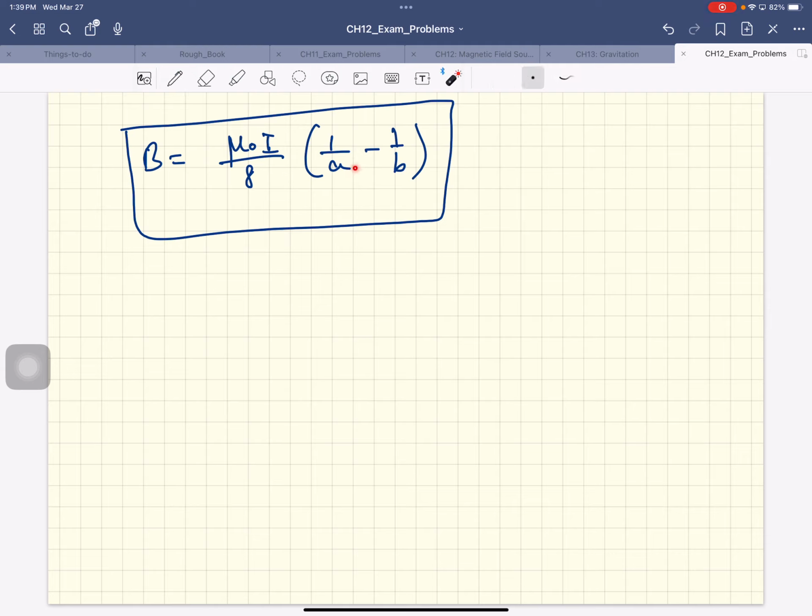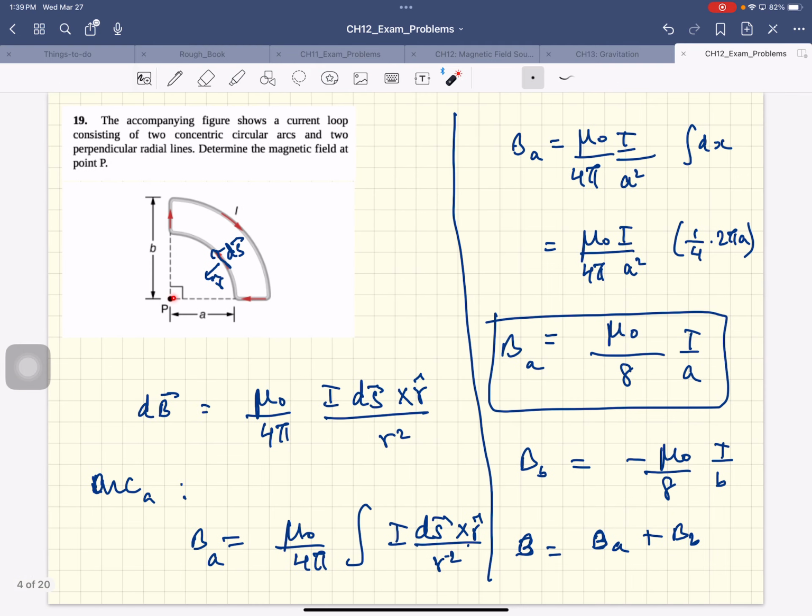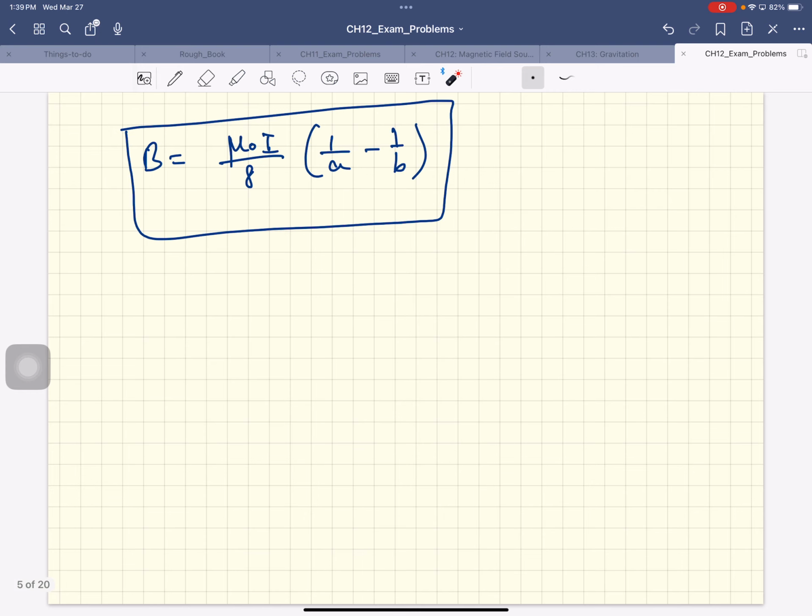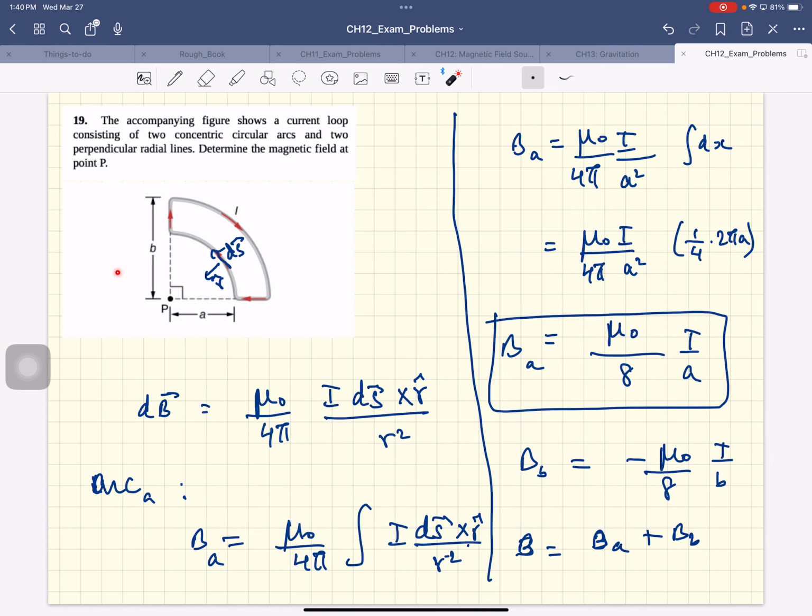A is smaller, and so there's a net field coming out of the sheet of the paper. We were able to obtain an expression like this only for a very symmetric point. You can't get an expression like this for a point over there or there. So that's the field.